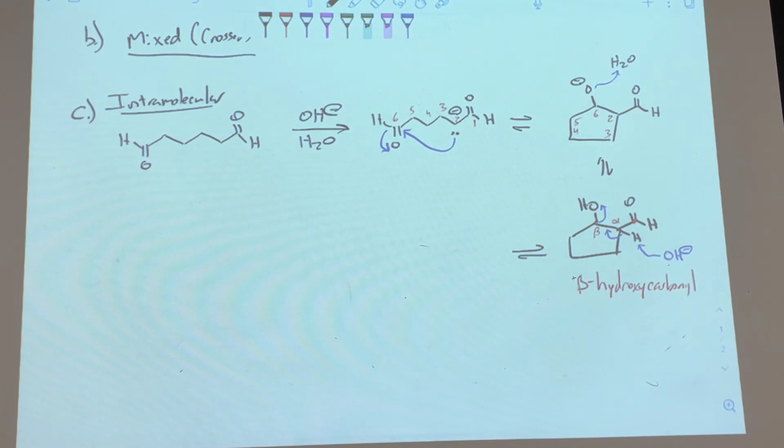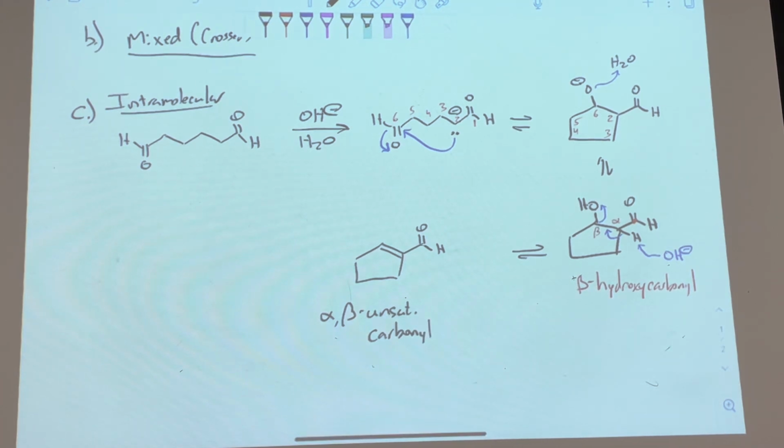And so what we end up with is something like that, which is an alpha beta unsaturated carbonyl, which is what we expect from all of our aldol products.